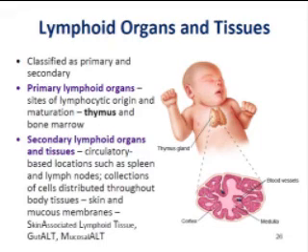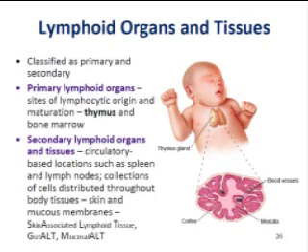And then the secondary organs and tissues are basically where you find those cells, where they are circulating, and where a lot of them are. Like I said earlier, that's the spleen, where a lot of the cleaning happens, and the lymph nodes, where you destroy the foreign cells. Also in other areas, like the mucous membranes, where you encounter a lot of microorganisms.